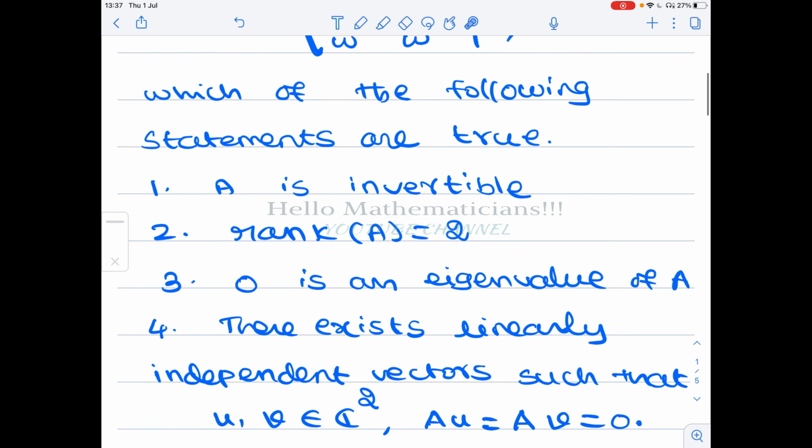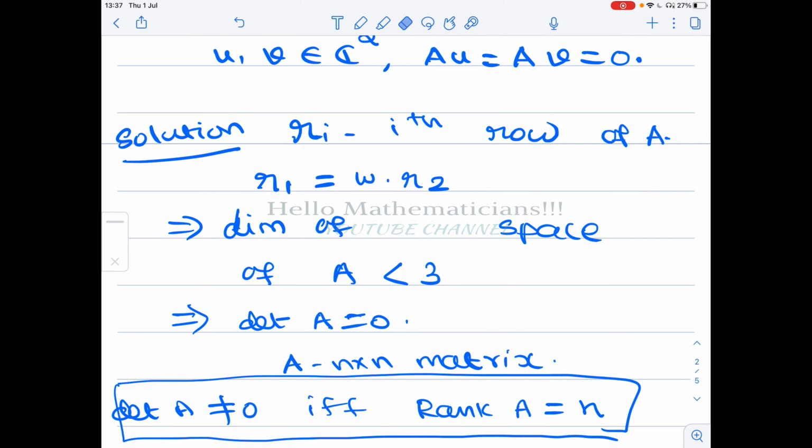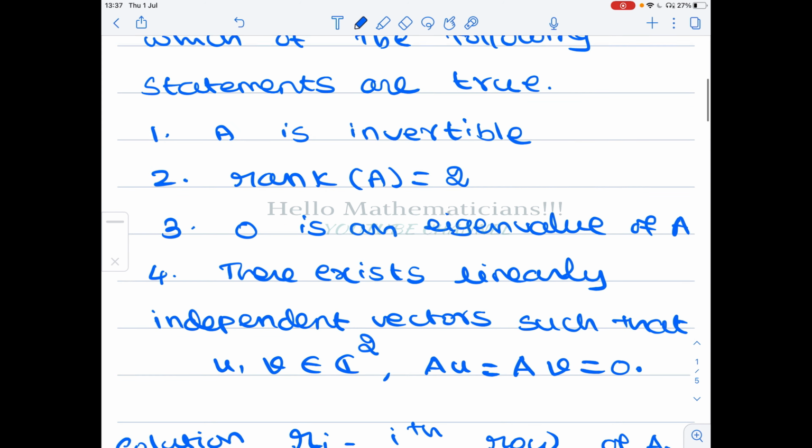Therefore, what we conclude is, take Ri to be the ith row of A. Then we just saw that row 1 is equal to W times row 2. Correct. Therefore, dimension of row space. What is the meaning of dimension of row space? You consider the rows of this matrix.